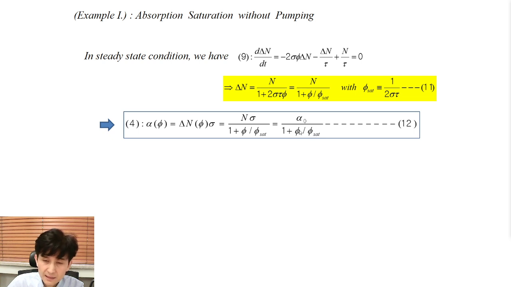Phi is related to the irradiance I by h nu times phi equals irradiance I, so we can always convert the irradiance to the photon flux phi. So the saturation irradiance is equal to h nu times phi set.